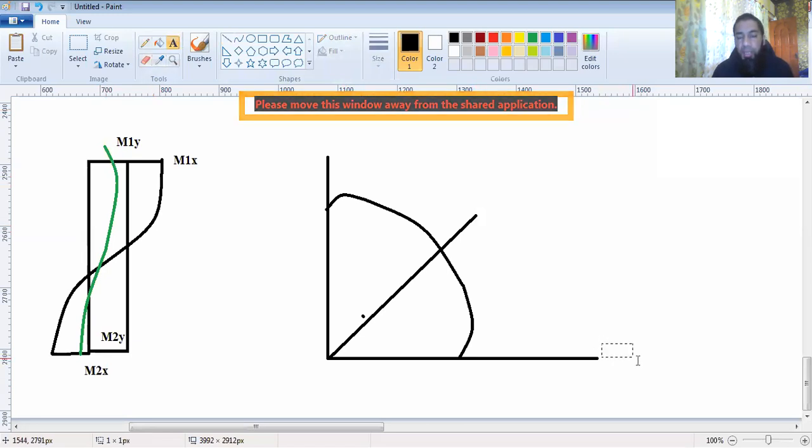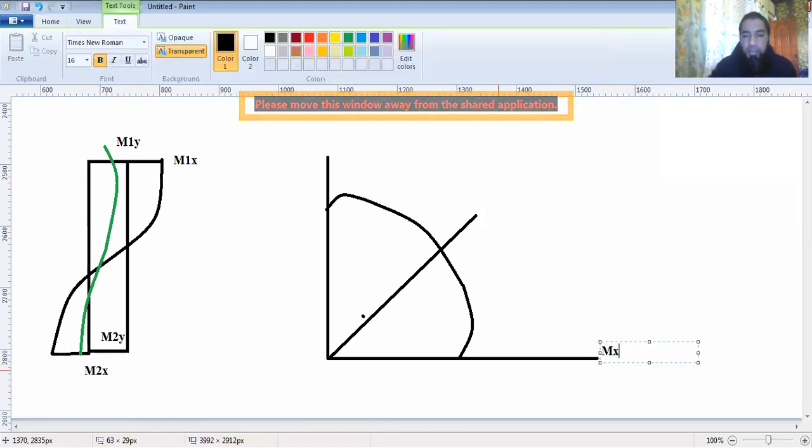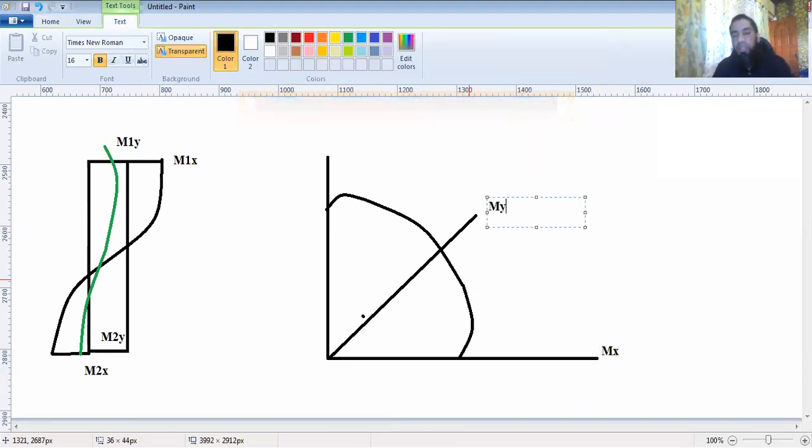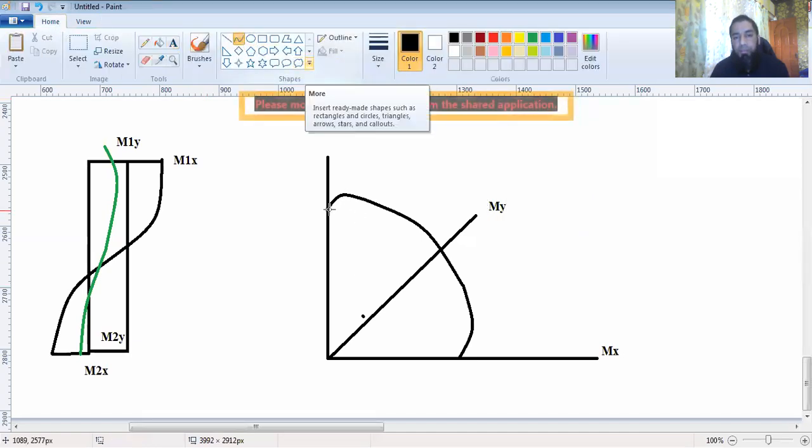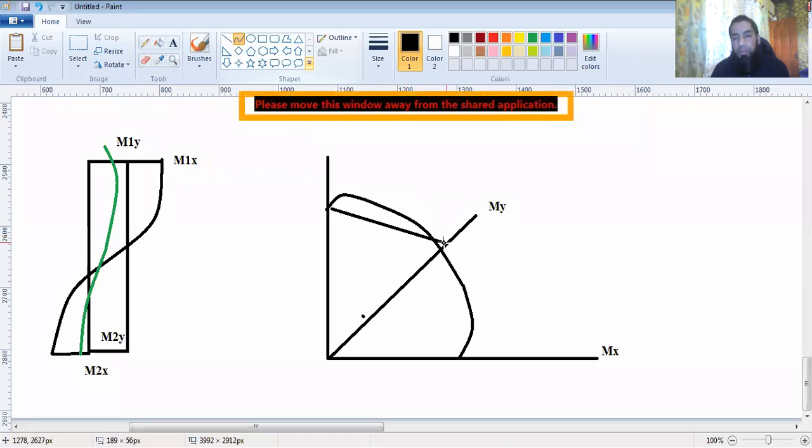This is about M1x, and that's about M1y. Because you have about this axis as well, then it becomes a spherical body.